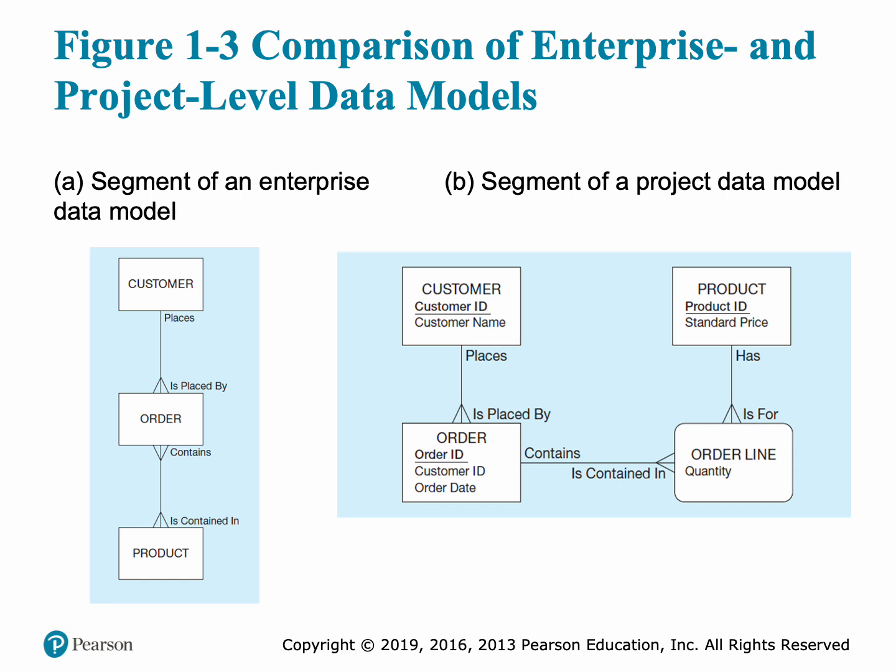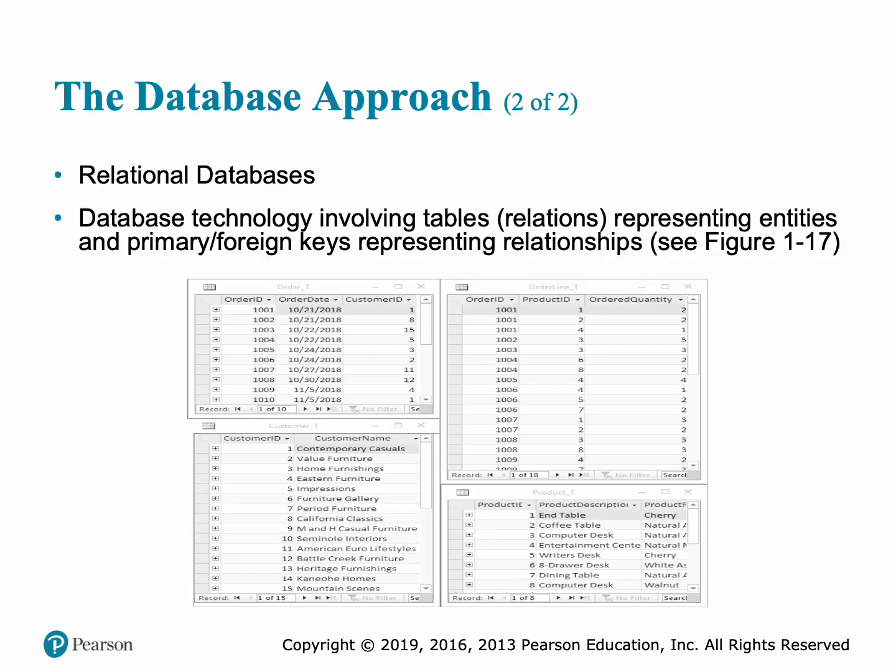Whereas a segment of a project data model has customer and product, where customer has customer ID and customer name, and places an order with an order ID, customer ID, and order date, and that contains the order line in terms of quantity and is for a product, which has product ID and standard price. That allows you to understand how an ERD, or entity relationship diagram, works.